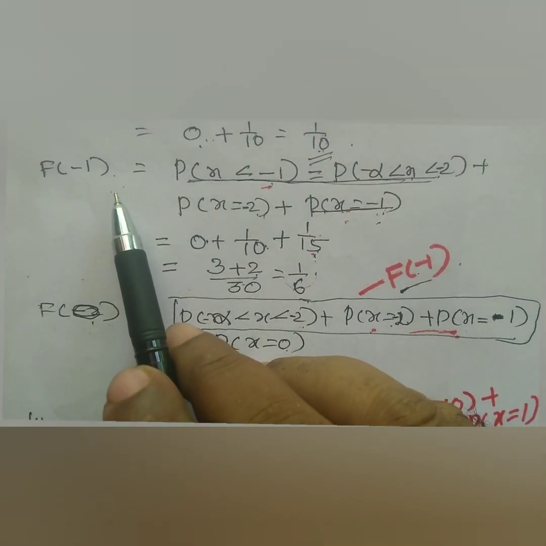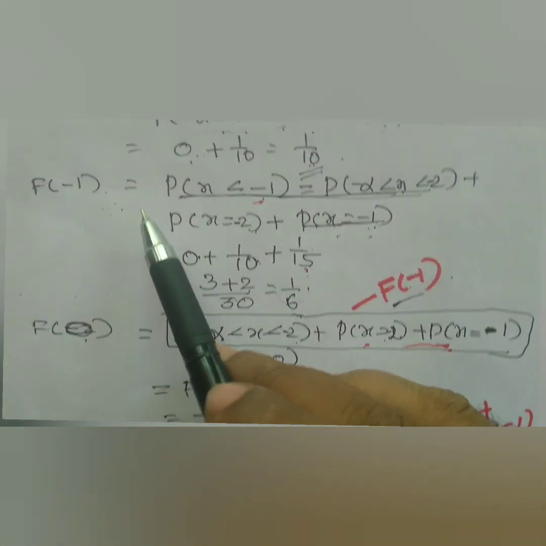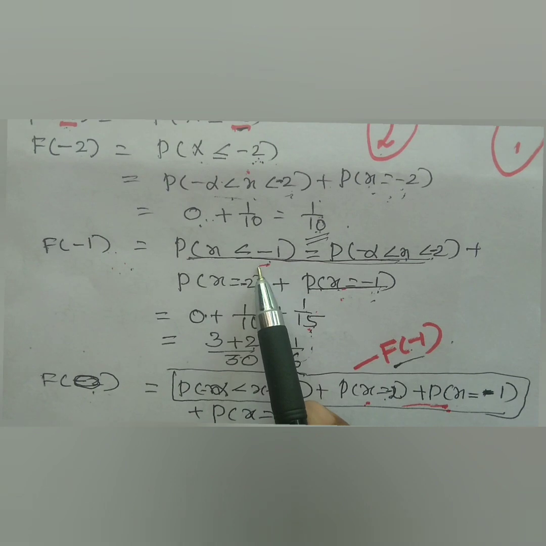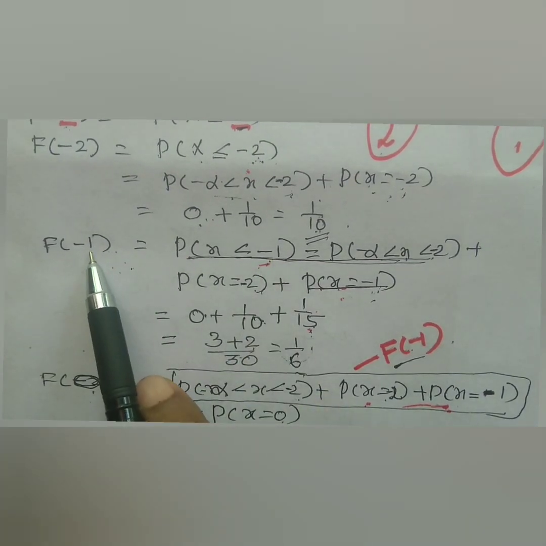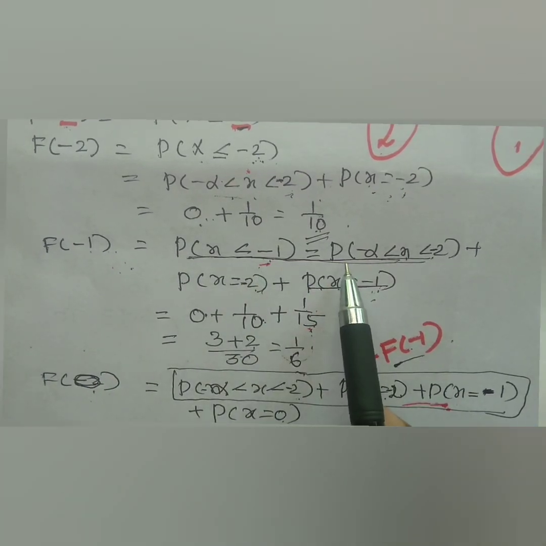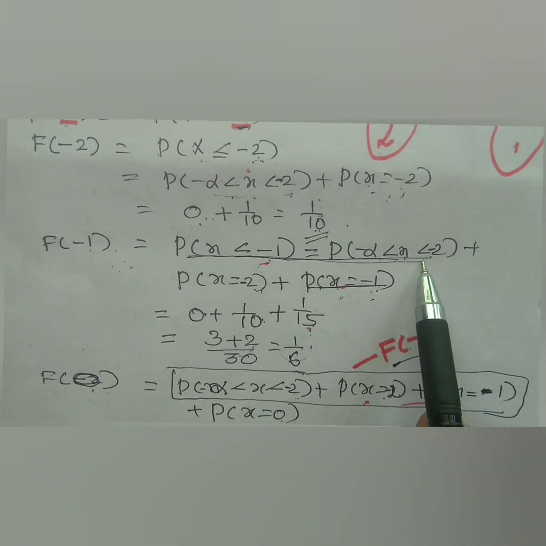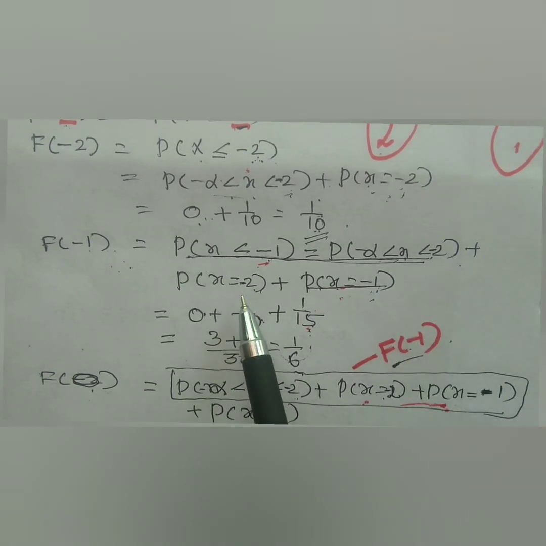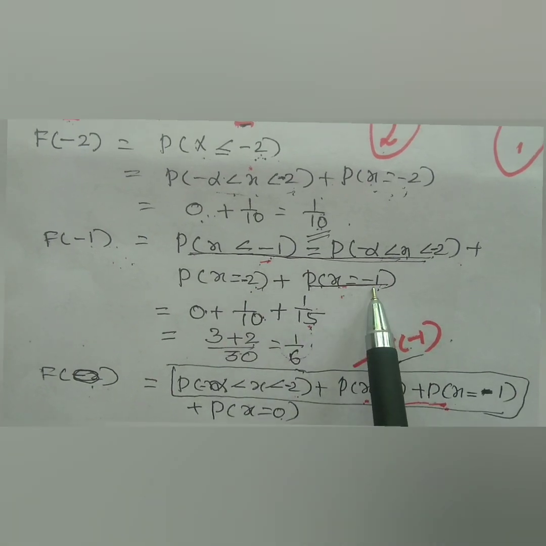Now F of minus 1. F of minus 1 is equal to probability of x less than or equal to minus 1. You take the same value here, minus 1. So this is equal to probability of minus infinity less than x less than minus 2 plus probability of x is equal to minus 2 plus probability of x is equal to minus 1.